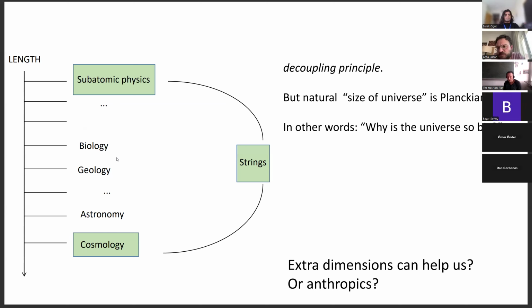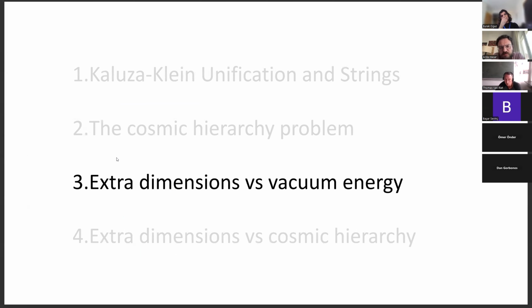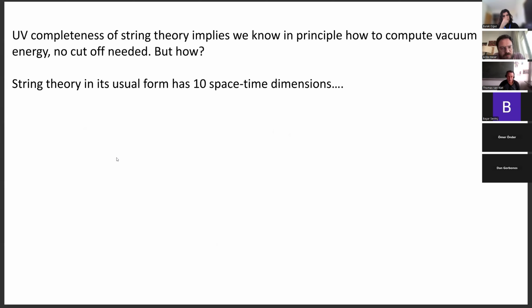And I think the answer is absolutely yes. The physics of extra dimensions is crucial in understanding this issue. Okay, so let me try to explain why that is the case. And if I go too fast, please interrupt me. If I'm saying too obvious things, you can also let me know. All right.